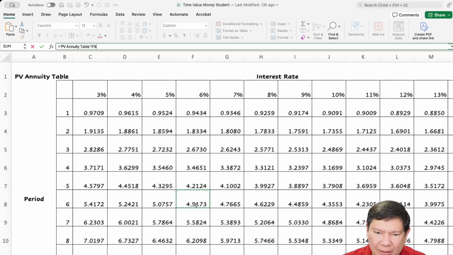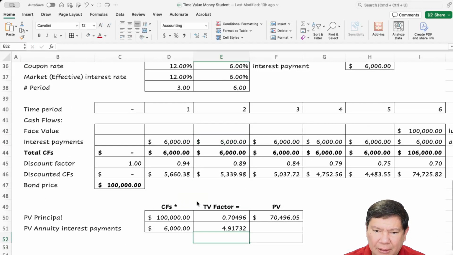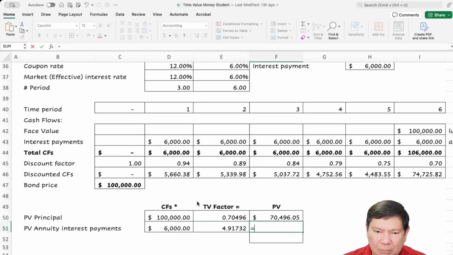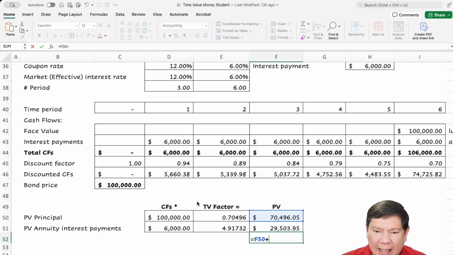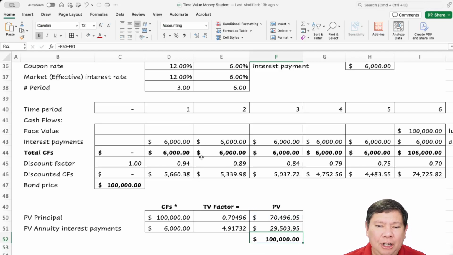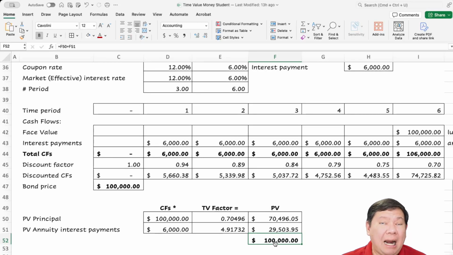So this one here, 4.9173. Okay, so we multiply the cash flows by the time value factor, and we can add those two cash flows. You see the price of the bonds is also $100,000.